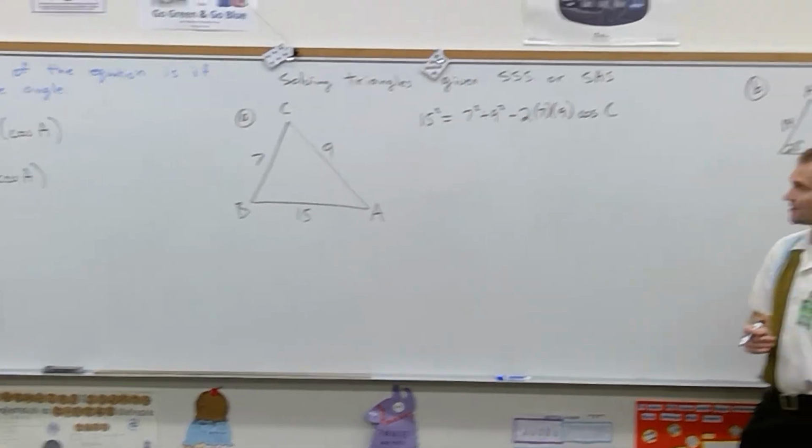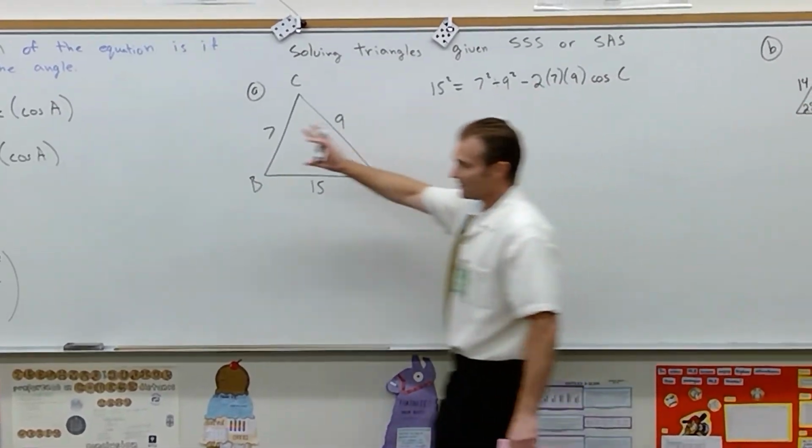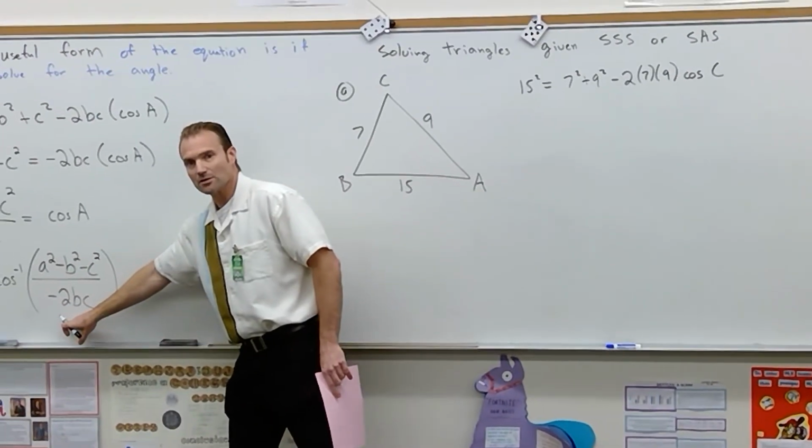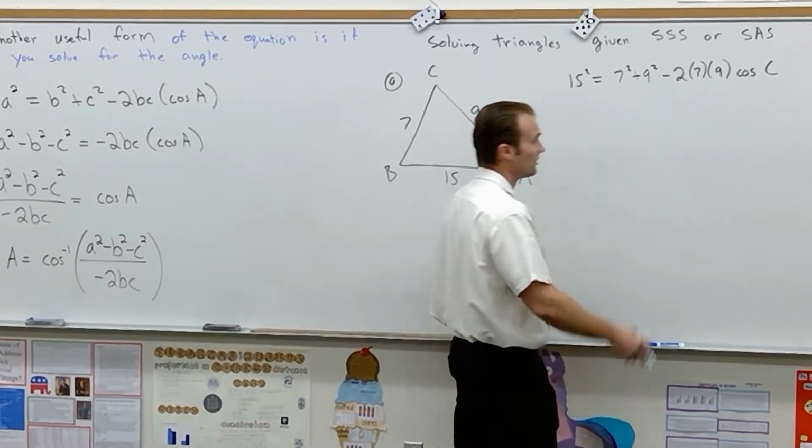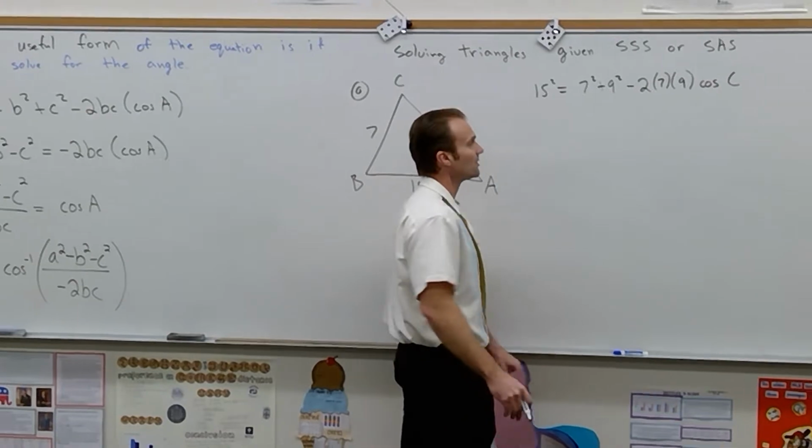So here's the instance where you might have saved a little bit of time if you used this alternate formula. But it's okay. If you don't want to use the alternate formula, if you just want to memorize the one formula, this will work.